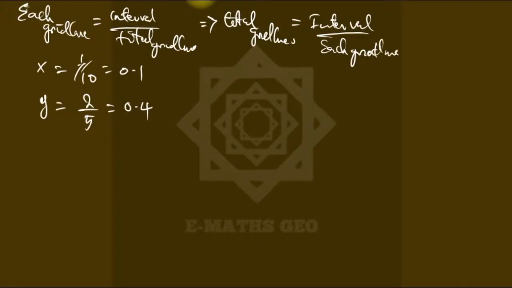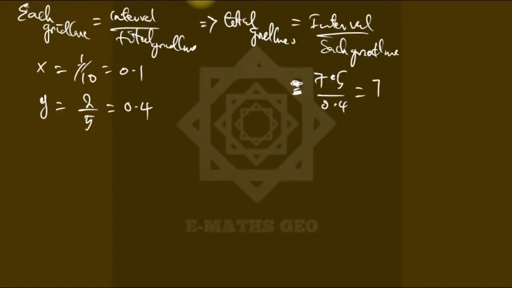So for y, since I'm looking for 7.5 points, the interval now is 7.5. Remember, negative just shows the direction, down. Over each grid line, which is 0.4.